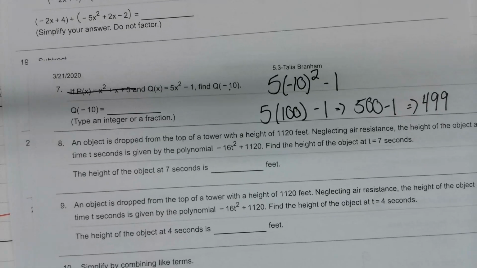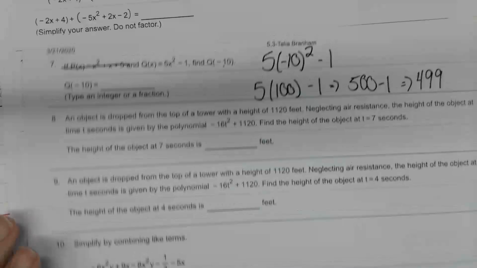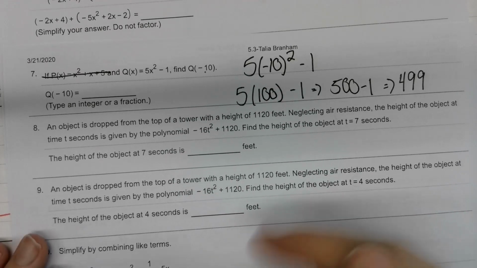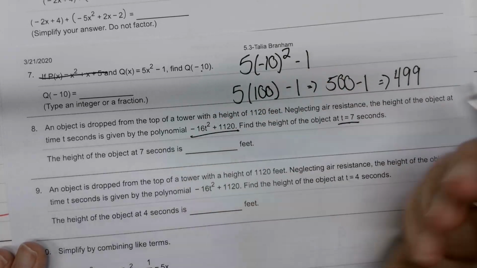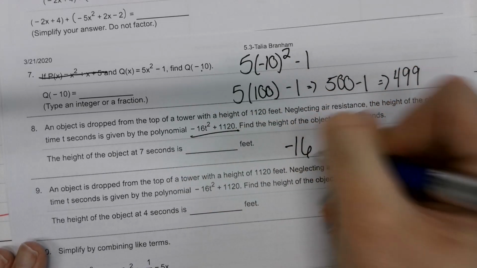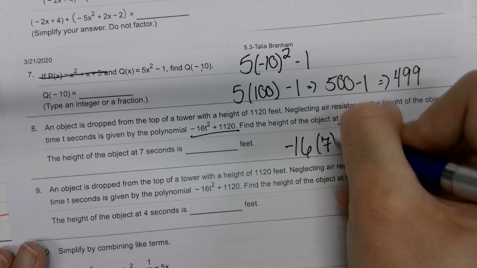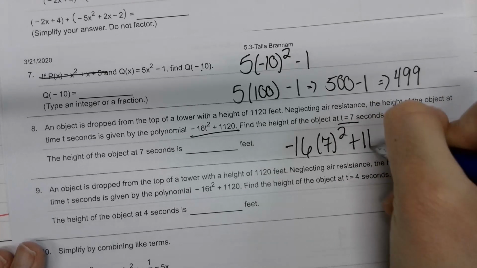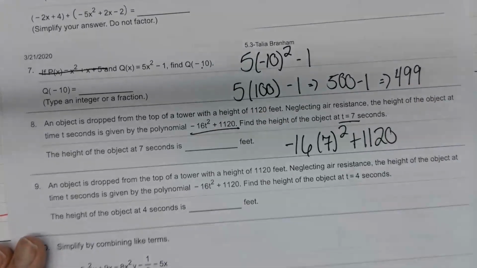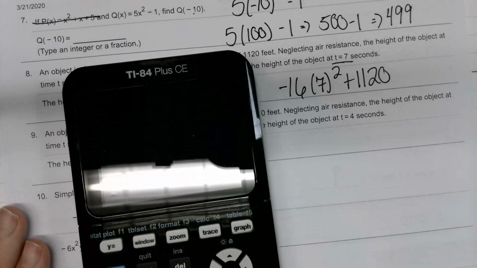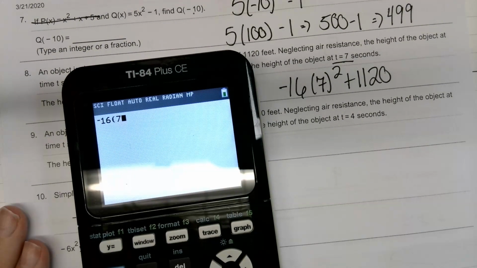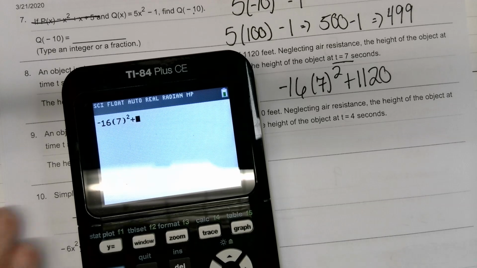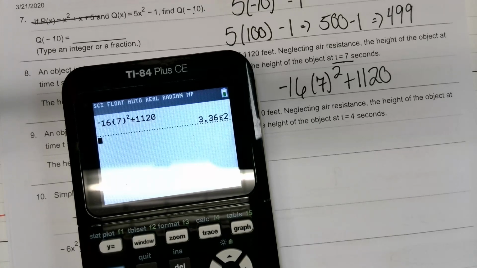An object is dropped from, find the height of the object at t equals 7. So they tell us t equals 7, we're going to plug it into this one. So negative 16 times 7 squared is 1,120.